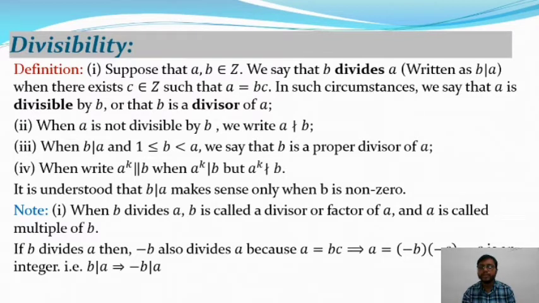So from the definition of divisibility, we can say that minus b divides a. Therefore, b divides a implies minus b divides a. Now move on to the next slide.